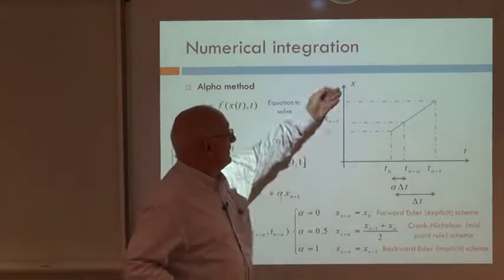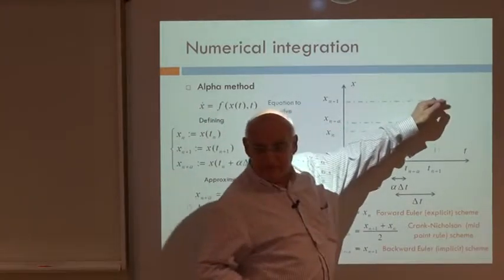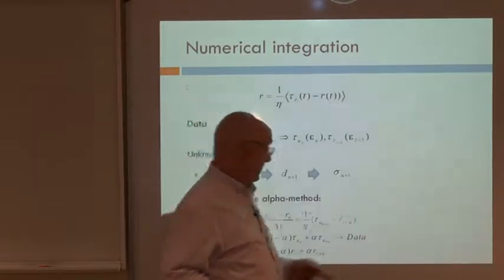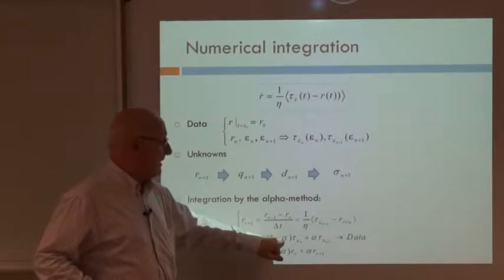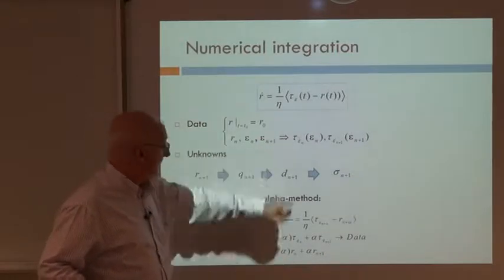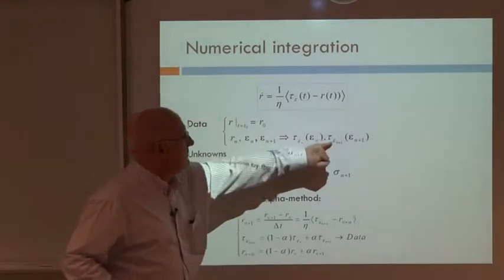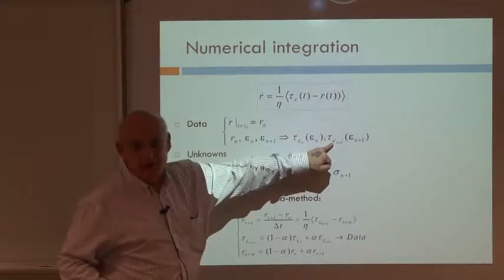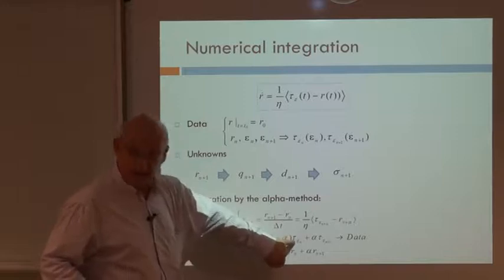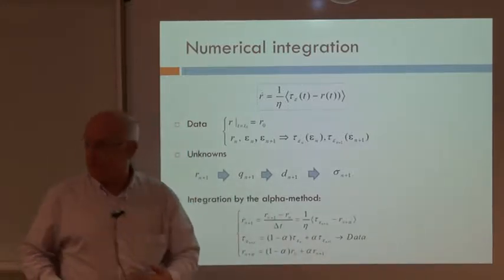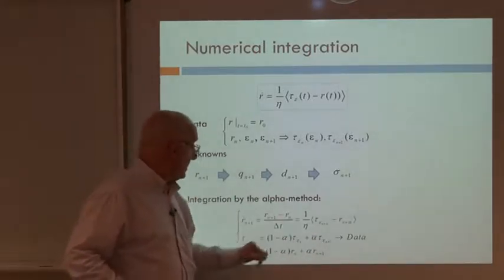We just interpolate the solutions, assuming a linear variation in terms of t. So we said that tau epsilon n plus alpha is 1 minus alpha times tau epsilon at n, plus alpha times tau epsilon at n plus 1. That we know. This is the data, because I know that and I can compute that.